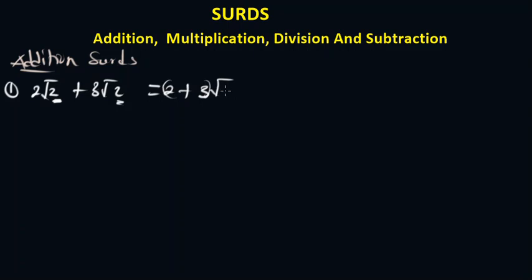Then we take one of the roots, which is root 2. You can only add 2 surds when the numbers under the roots are the same. Other than that, you cannot add them. It just has to be as it is. Whether you are adding or subtracting, they're always the same. So this will give us 5 root 2.